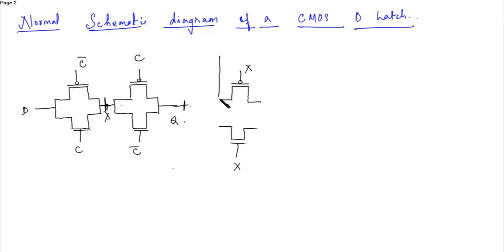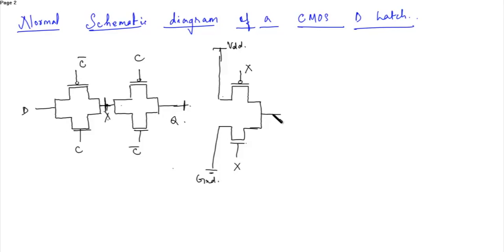This was connected to VDD, and here this was connected to ground. These are the drain terminals. From here again another inverter was placed.